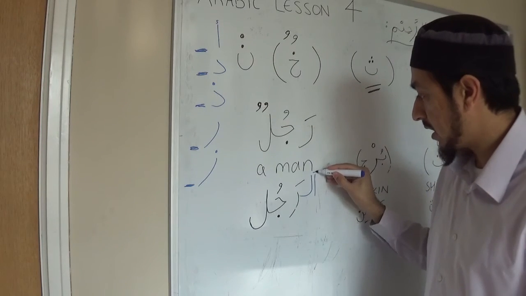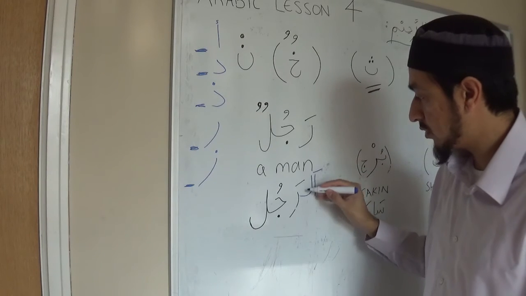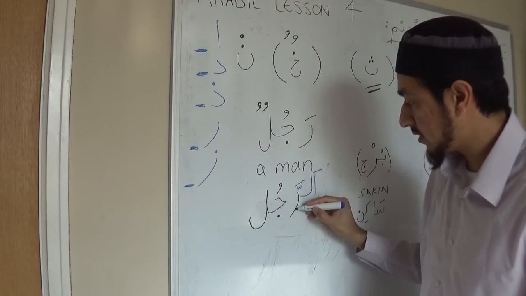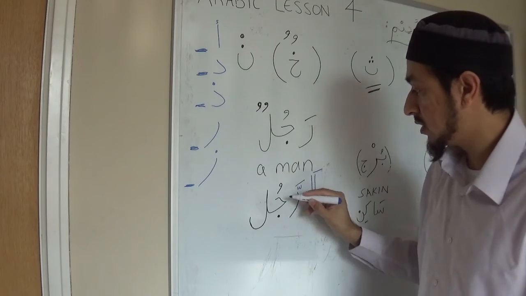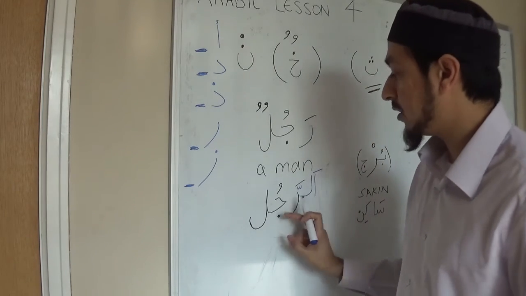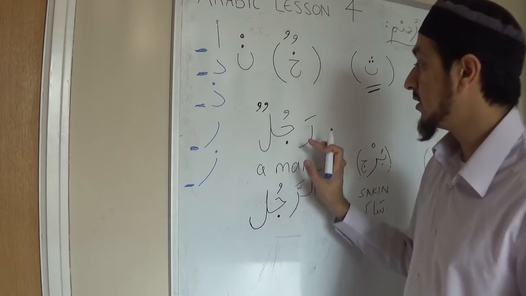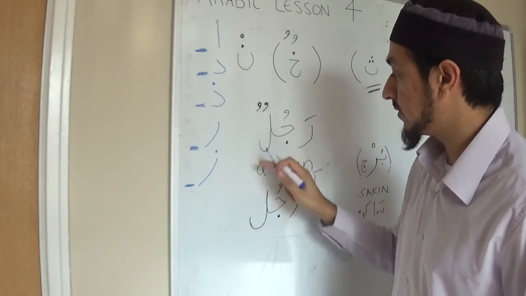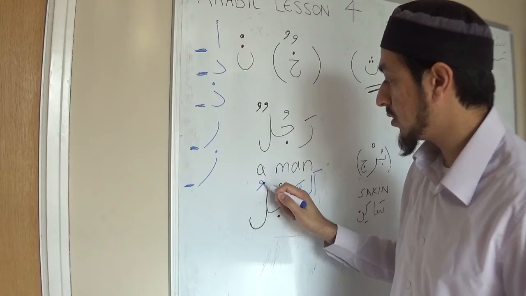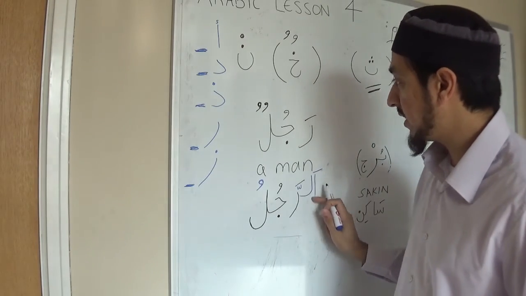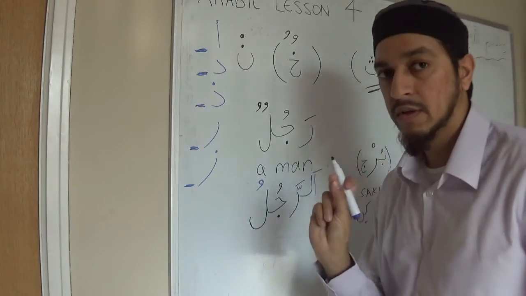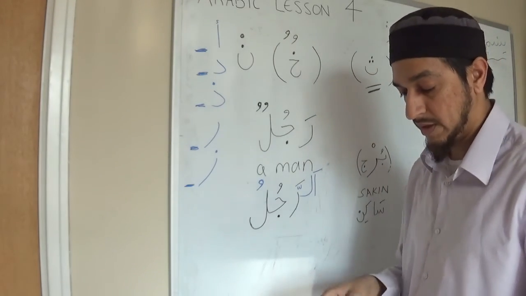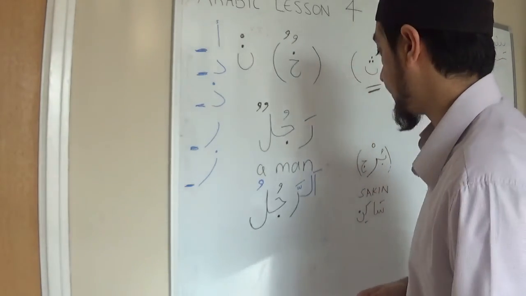So do we say al rajul or ar rajul? Because this is a shamsiya letter, we merge into it. We say ar rajul. And when alif lam joins onto a word, so rajulun in its original sense, it removes the tanween. So we have ar rajulu. With alif lam, you'll never have tanweens. So that's one point to know, but we'll emphasize that more as we go along.